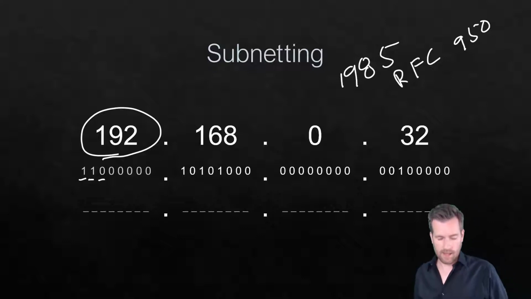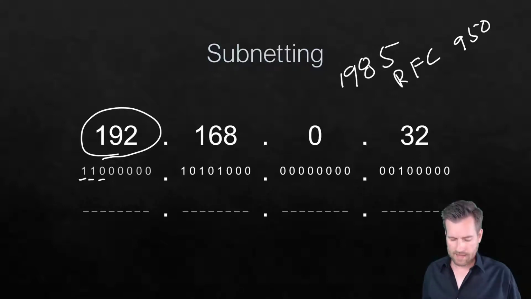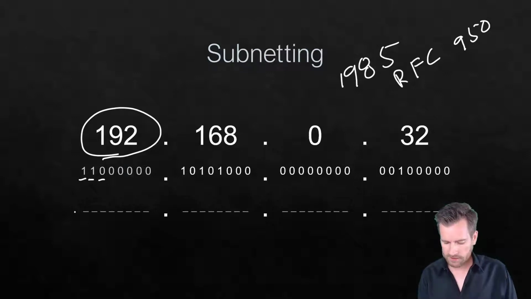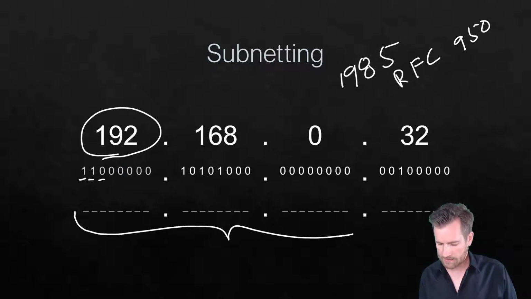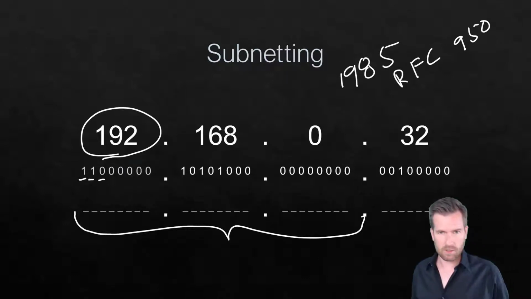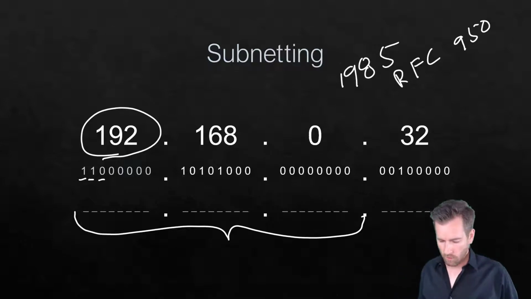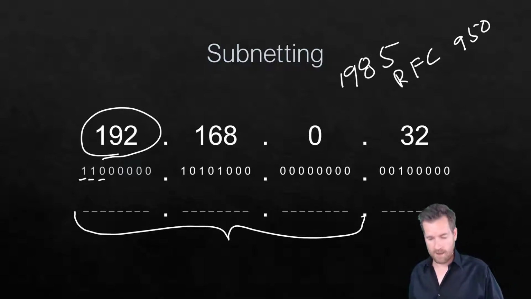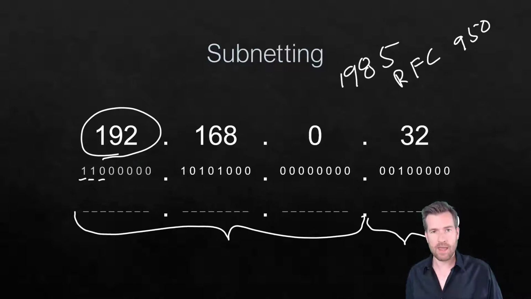The first 3 bits there is 110, so I know that it's Class C. And so I know from this that from a classful standpoint, the first 3 octets is the network side of this. And so that gives us a lot of networks that we have to work with, over 2 million networks. And so then we've got 256 hosts that we have to work with.